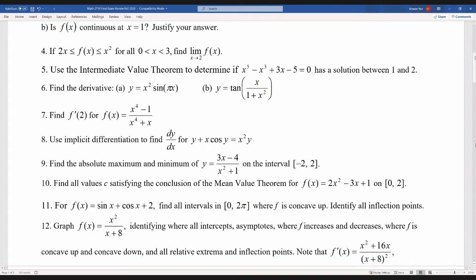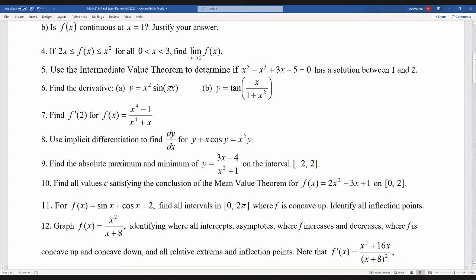Use the Intermediate Value Theorem, IVT, to determine if x to the fifth minus x cubed plus 3x minus 5 equal to 0 has a solution between 1 and 2. Okay, how to show that this equation has a solution between 1 and 2? It's hard to solve, because this is a fifth degree equation.